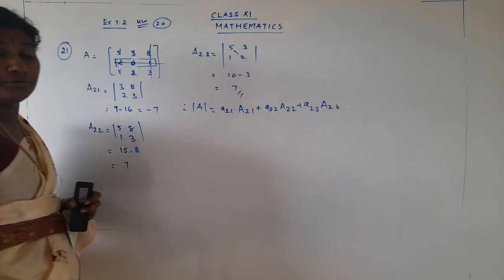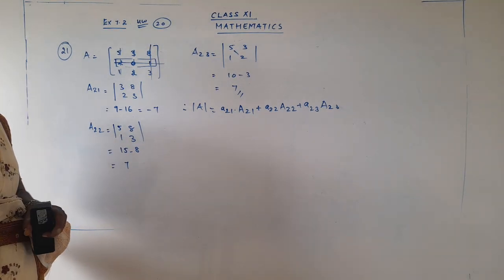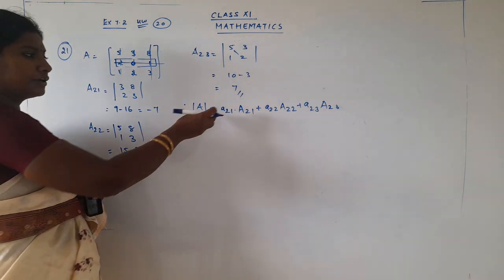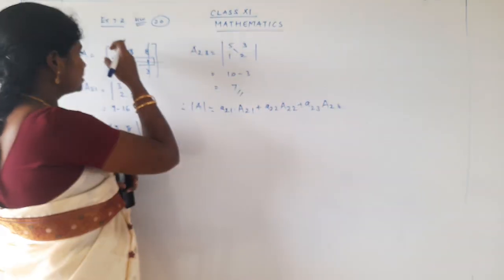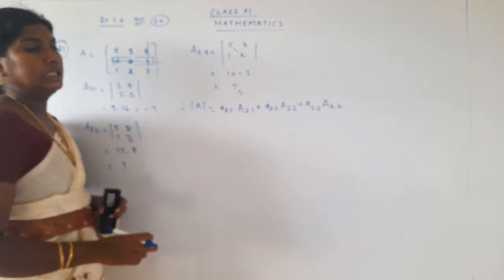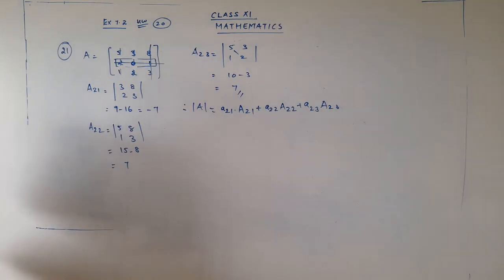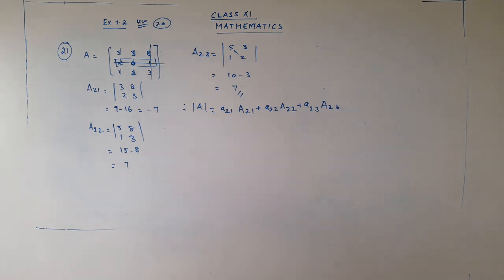This is how you have to use the cofactors of second row. All we are talking only about the second row elements: second row first column, second column and third column.